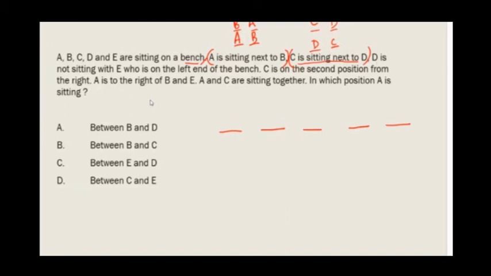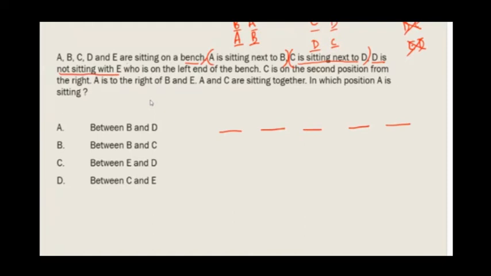Right? Now D is not sitting with E. What does it indicate? D and E cannot be together, or E and D cannot be together. That is, to the left and right of D, you should not have an E or vice versa. Now D is not sitting with E, who is on the left end of the bench. Now who is on the left end of the bench?